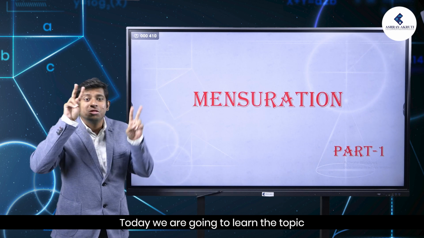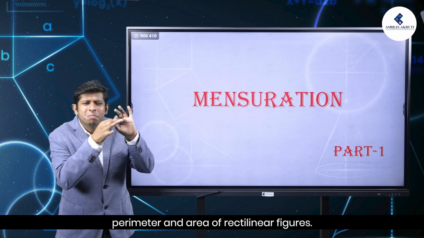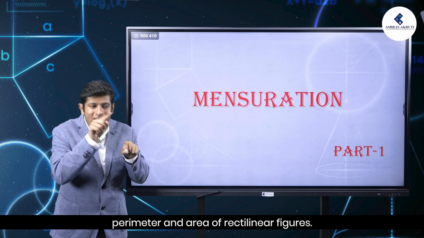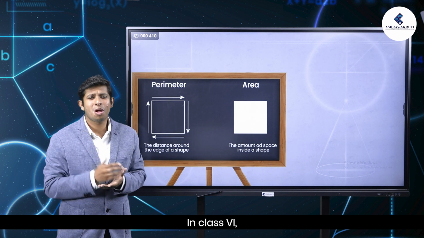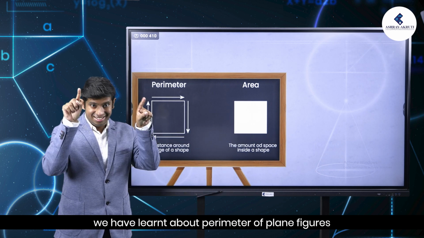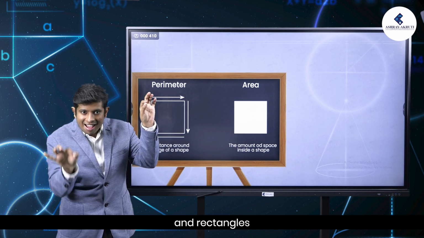Today we are going to learn the topic perimeter and area of rectilinear figures. In class 6, we've learned about perimeter of plane figures and areas of squares and rectangles.